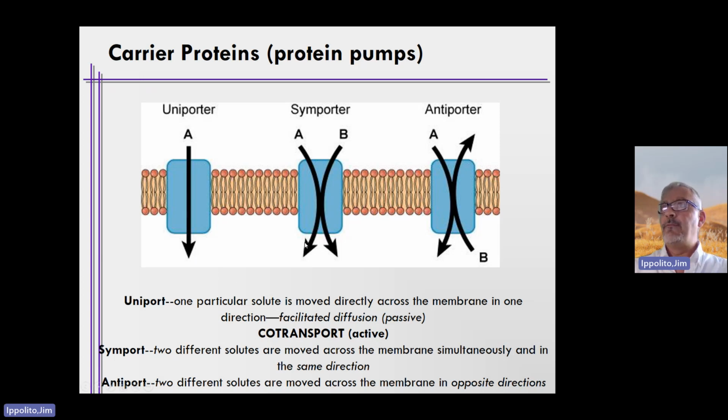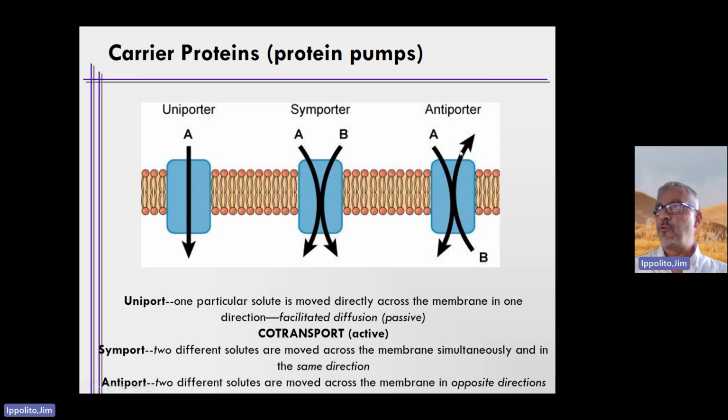Then you have a symport mechanism and an antiport mechanism that require active uptake, requires ATP. The symport is two different solutes move simultaneously across the plasma membrane in the same direction. We just described this on the previous slide with the accumulation of carbohydrates or sucrose in cortex cells.